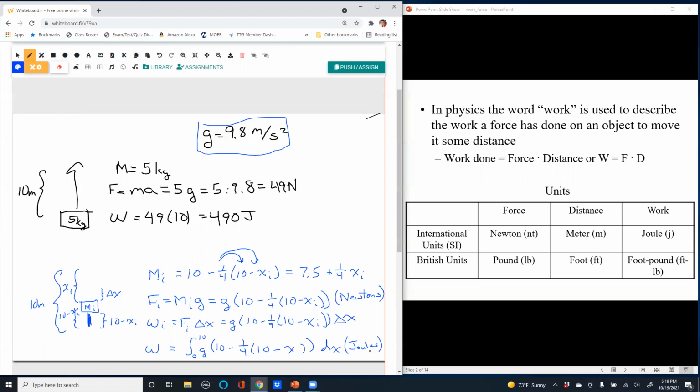So this is our first look at a work problem. Now, a couple things I want to point out. Notice the difference between the black example and the blue example. Both of them featured a 5 kilogram mass. And in both of them, I did the structure from mass to force, force to work: mass on the ith slice, force on the ith slice, work on the ith slice.